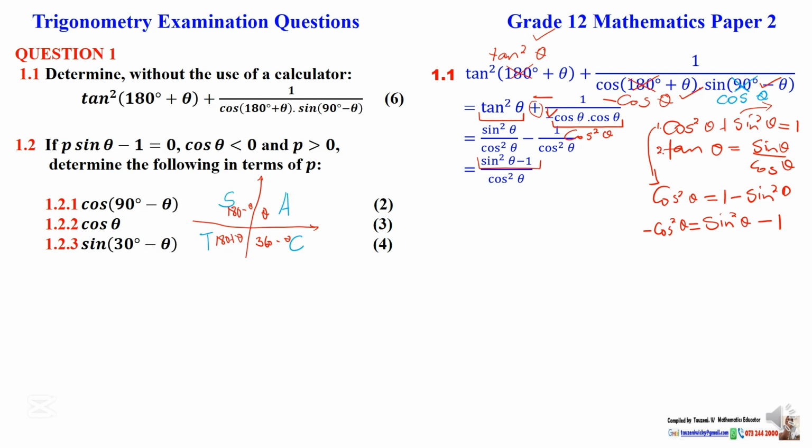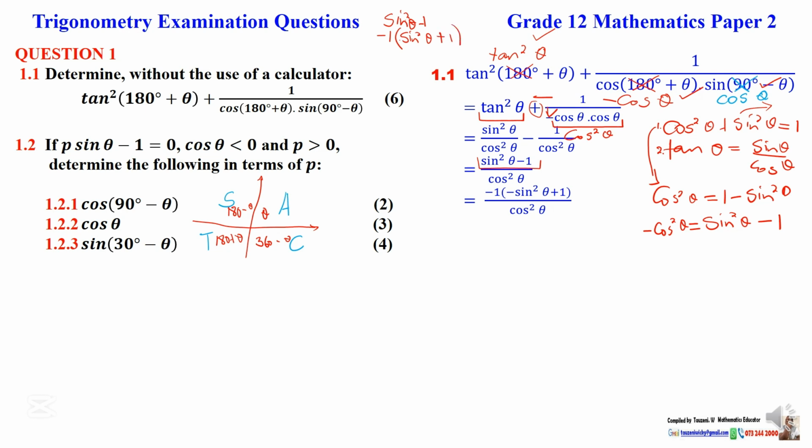So to show the full working out, we use factorization. So you are given, let me just do the working out here. You are given sine squared theta minus 1. Then you factor out negative 1. If you factor out negative 1, it will make the first one negative and the second one will become positive.